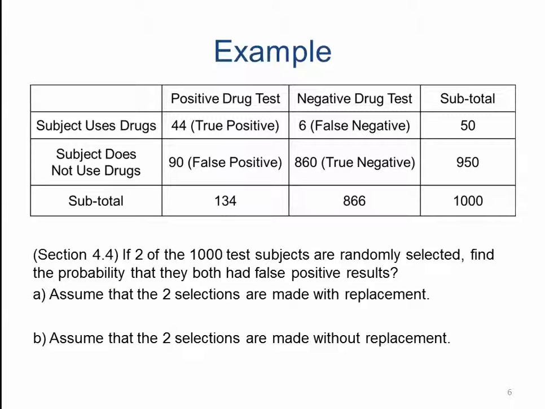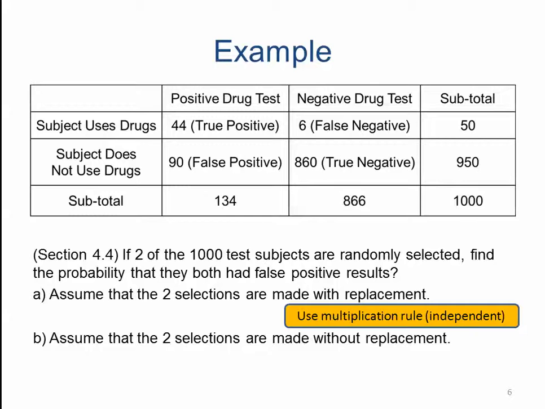Here I break it down into 2 parts. Basically we have 2 of the test subjects randomly selected. We want to find that they both had false positive results. Part A is the selection is made with replacement. Part B is without replacement. There's a difference between the two.